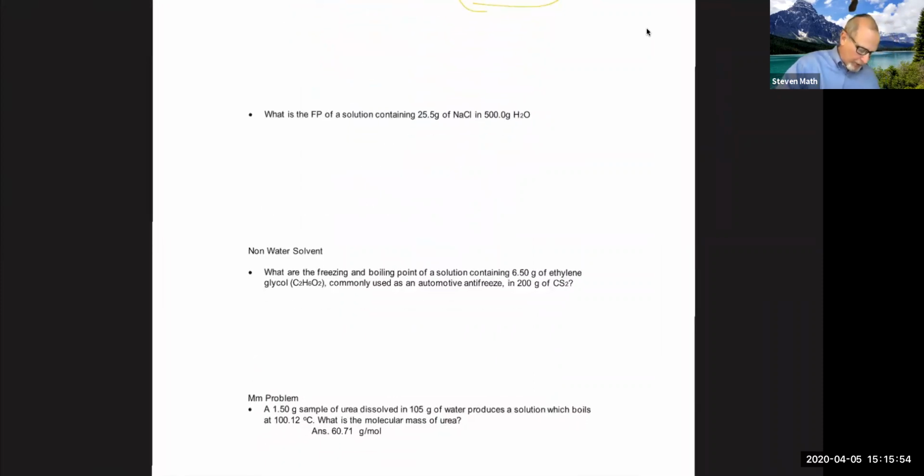Now we're going to do one, same type of problem, but now it's a freezing point and they didn't give us moles. So now we have NaCl. That tells me i equals 2. All right, what we need to do first, get that molality: 25.5 grams, 58.5 grams per mole.